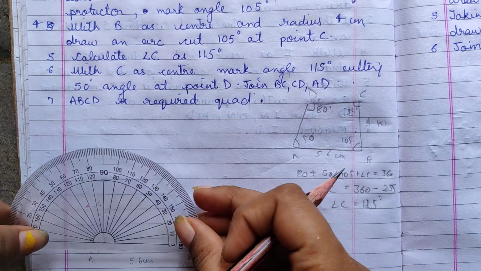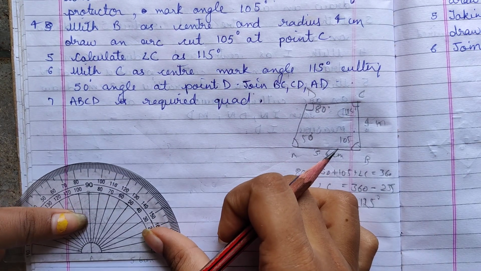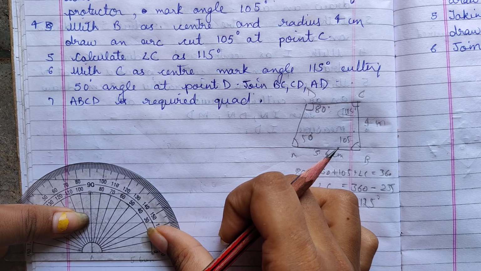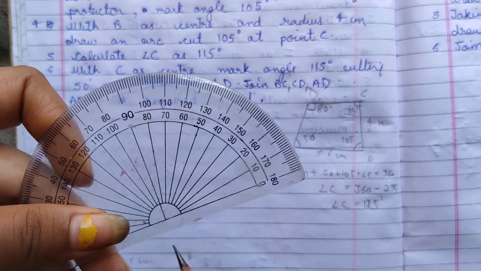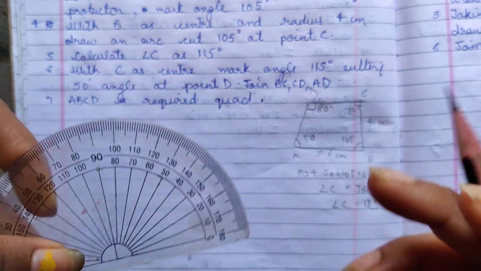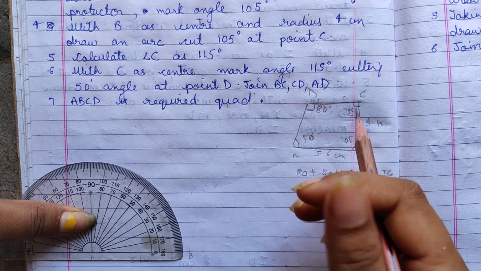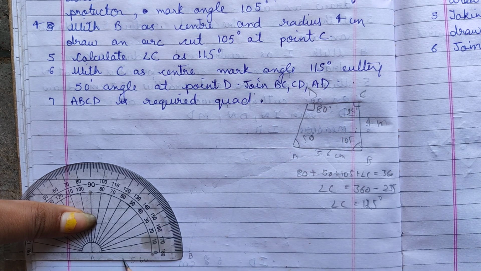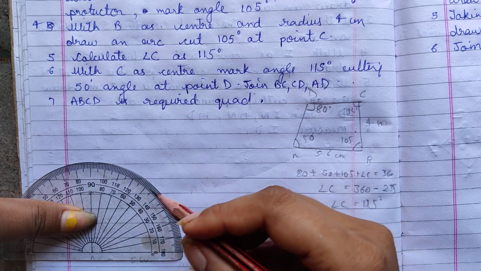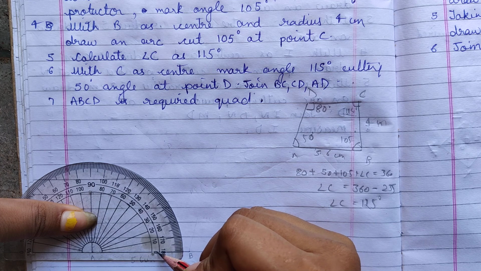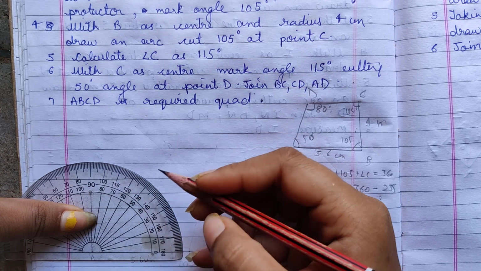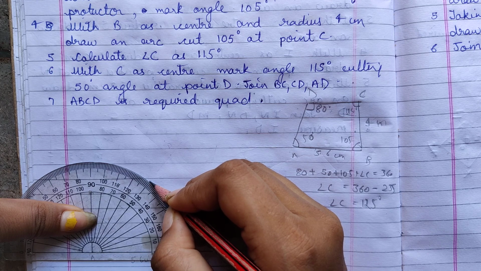So we will keep the protractor at point A, and the baseline of the protractor should always fall on the baseline of your figure, which is AB. The intersection of lines in the middle should fall on A. So we have to mark 50 degree of angle. So start reading from 0, 10, 20, 30, 40, 50. So here it is 50 degree.